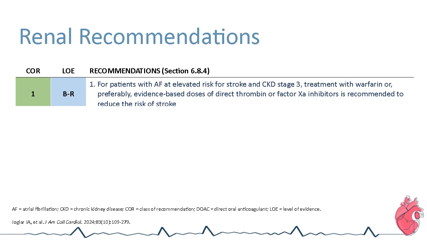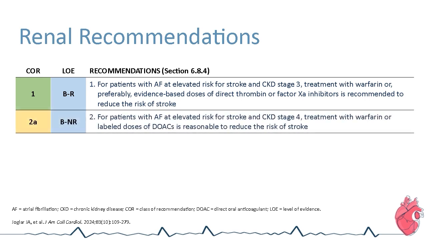And we do know that the DOACs are as effective in patients with mild to moderate CKD, certainly to CKD stage 3. We know as patients progress more towards end-stage renal disease, we have less data to inform our decision. We do know in patients with CKD stage 4 that you could consider warfarin or labeled doses of DOACs.